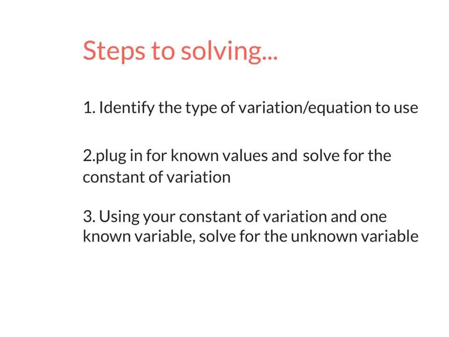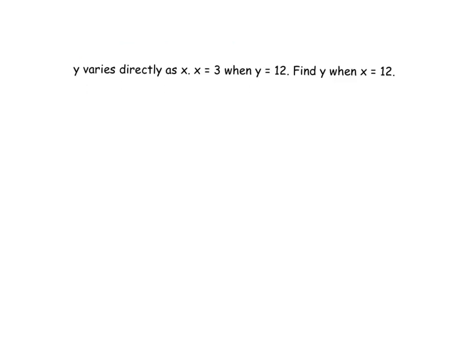Now we're going to plug in for our known values and solve for our constant of variation. You can see that they gave us essentially two pieces of information. We have x is 3 when y is 12, so we have both variables there. And then we also have this piece where we're given one of the variables and we're asked to find the other.